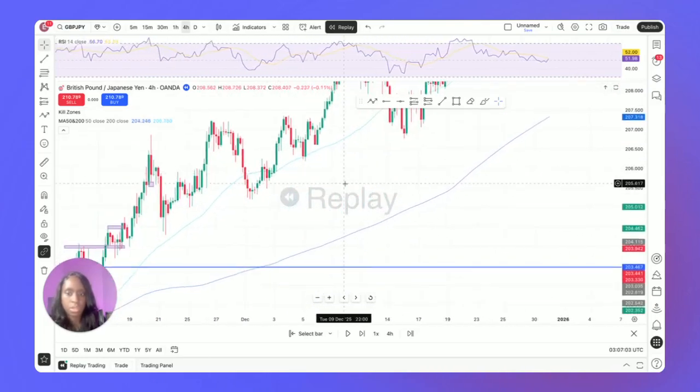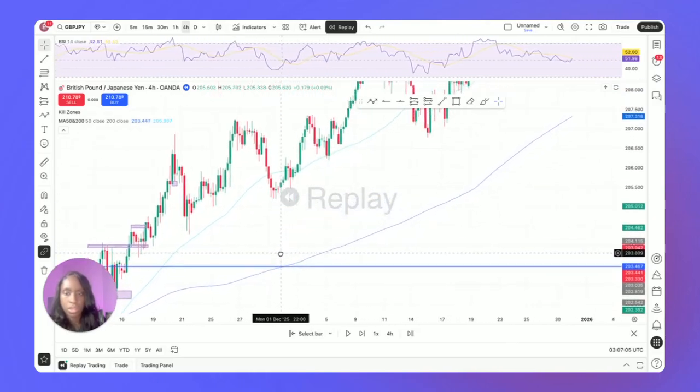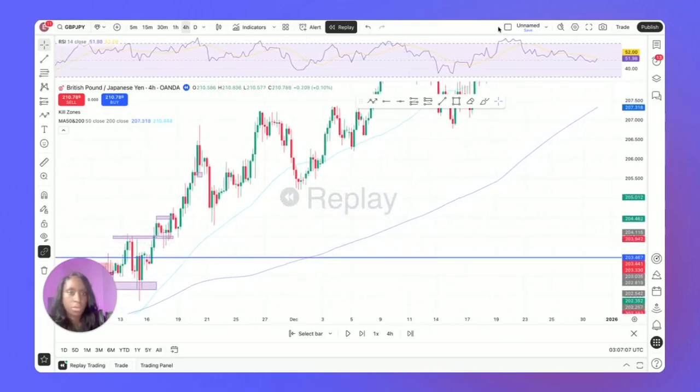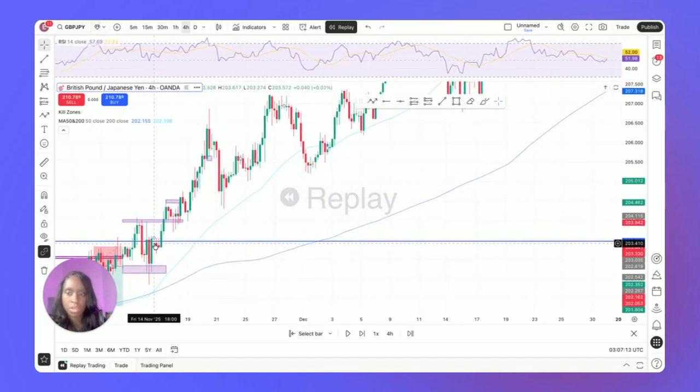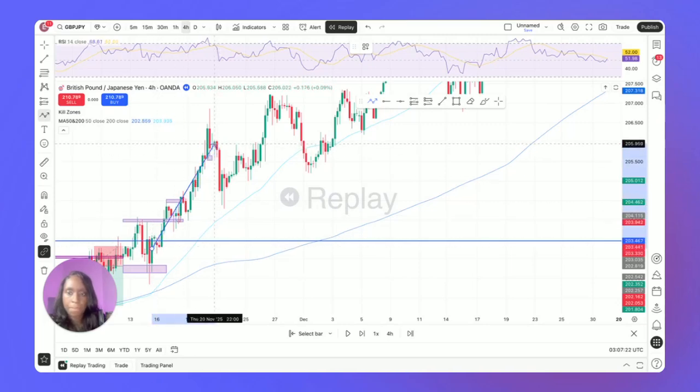And clearly it's showing that the market is in an uptrend.